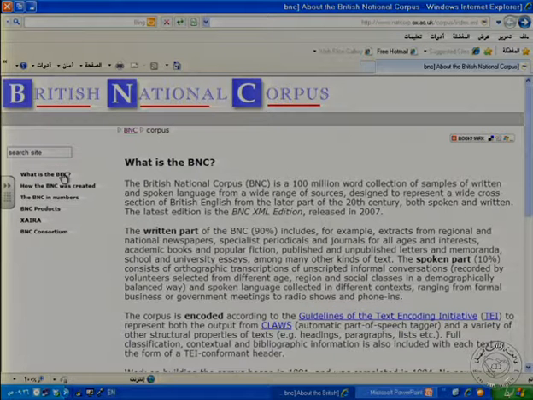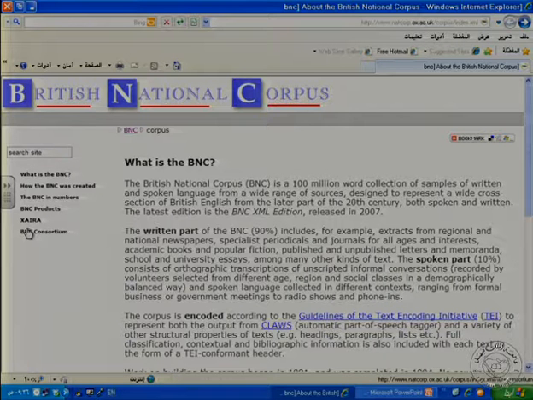So you can read all the information about the British National Corpus, how the BNC was created, if you want to know how they created this corpus, the BNC in numbers, BNC products, and Xaira, a software to help you search in the BNC.